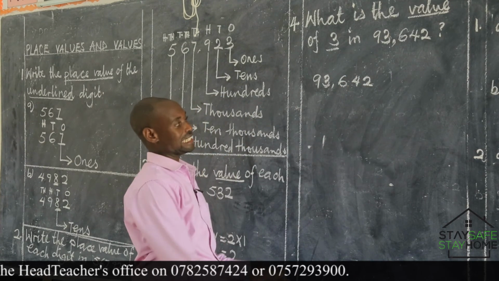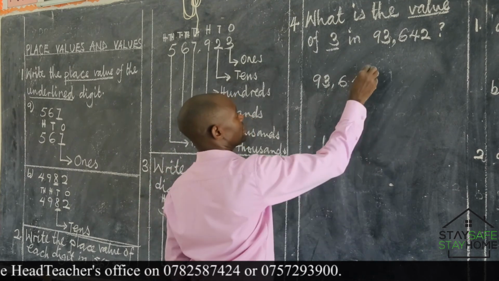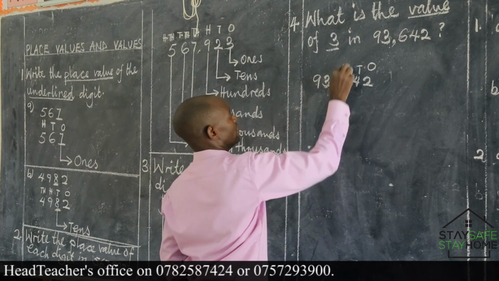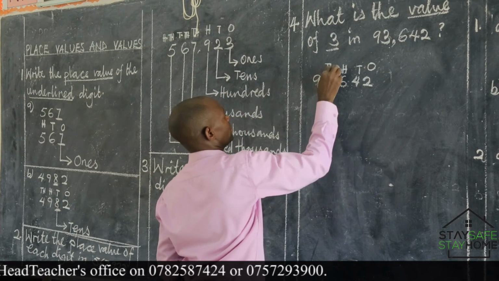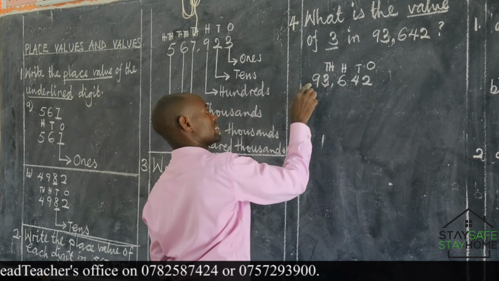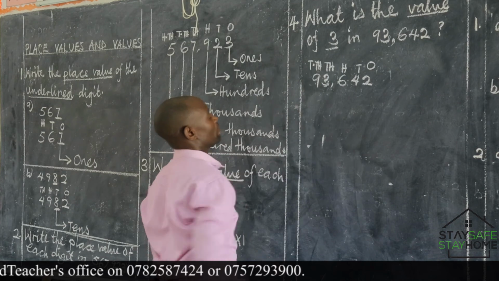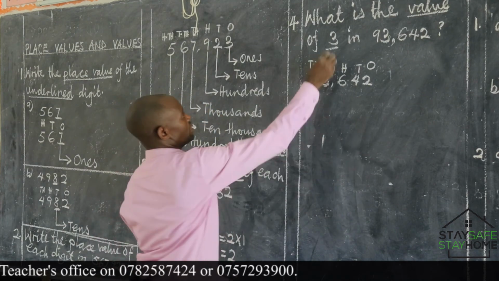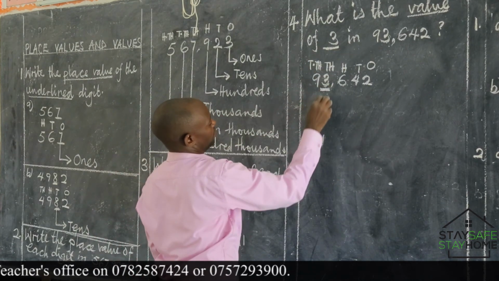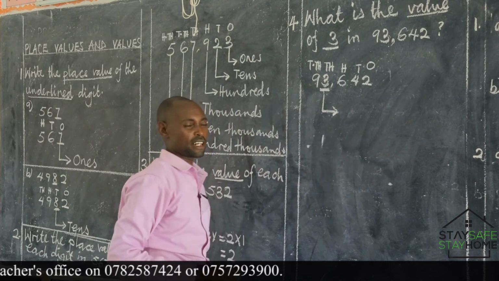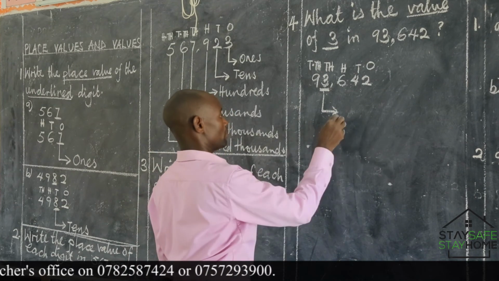Step 1, write the place values of all digits: ones, tens, hundreds, thousands, and what is this one? 10,000. And which digit do we need? 3. So what is its place value? I've told you place value.